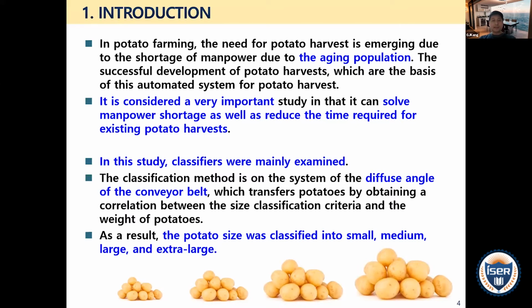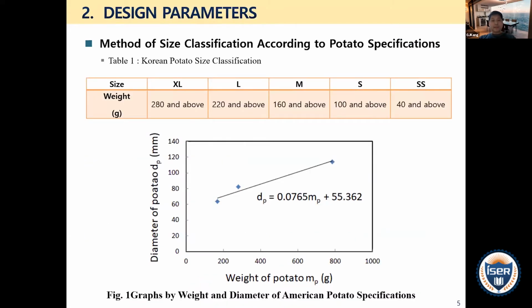In this study, classifiers were mainly examined. The method is size classification according to the potato specifications. The table shows the Korean potato sizes from X large to SS, while in the United States, the potato classification is by diameter, maximum diameter and minimum diameter, and weight.